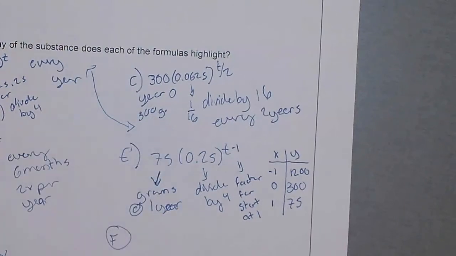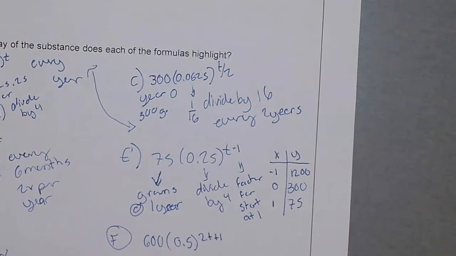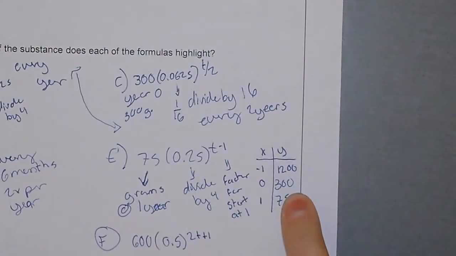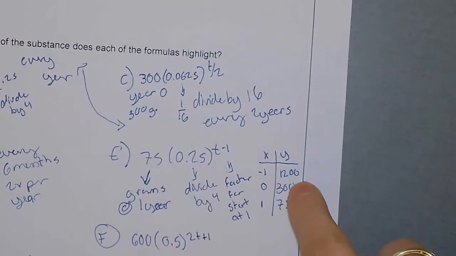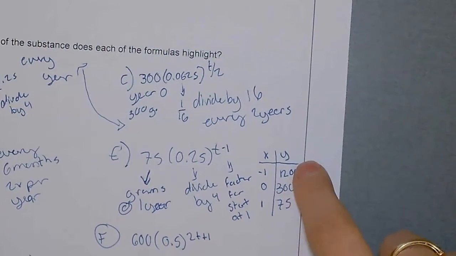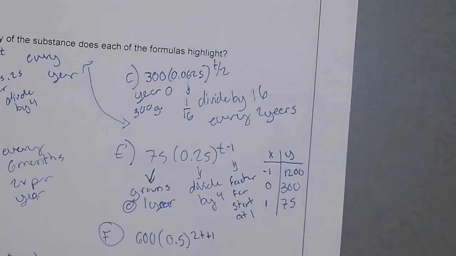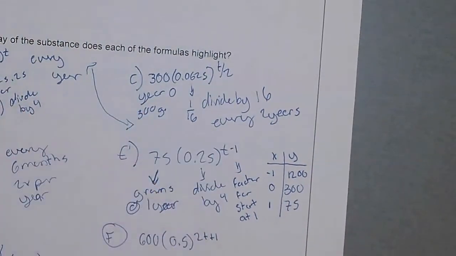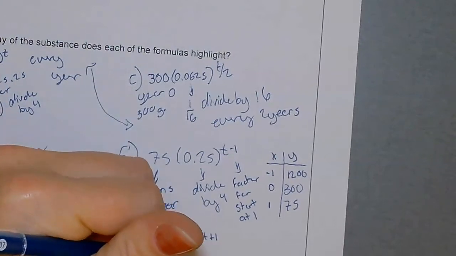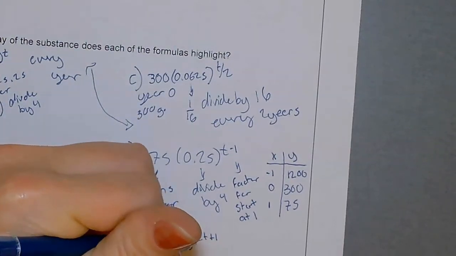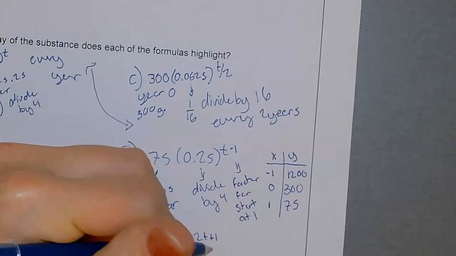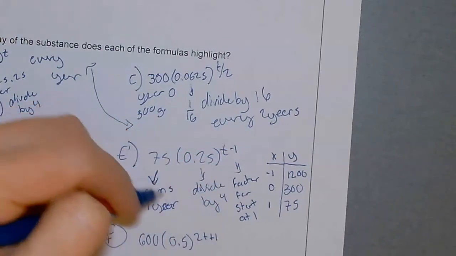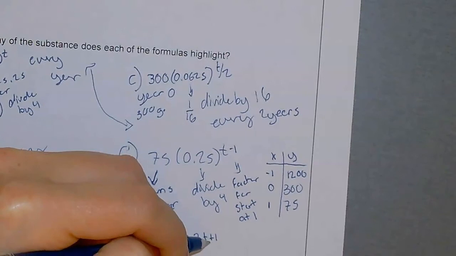F is highlighting 600. So this one's a little crazier because 600 isn't on our table, but if you look, what is 600 about halfway between? Looks to me, especially if you think about how this function goes, like 2t, we already said that's like twice a year. So that would be like 6 months. If minus 1 moves us forward 1, plus 1 is going to move us back 1.